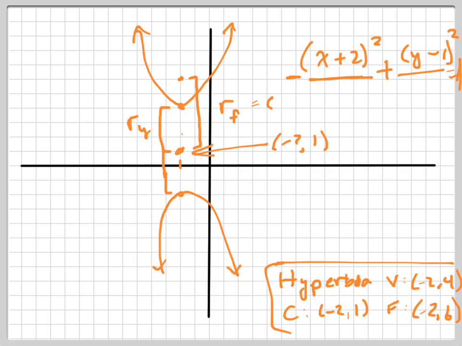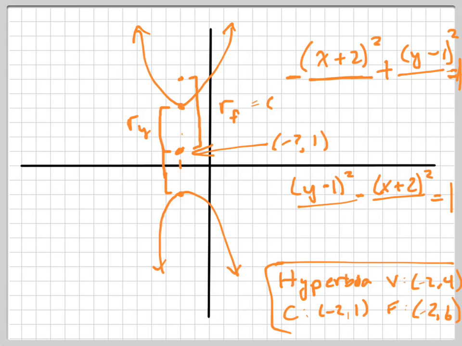A lot of times you'll write it with the positive term first, so let me write it that way: y minus 1 squared minus x plus 2 squared equals 1.